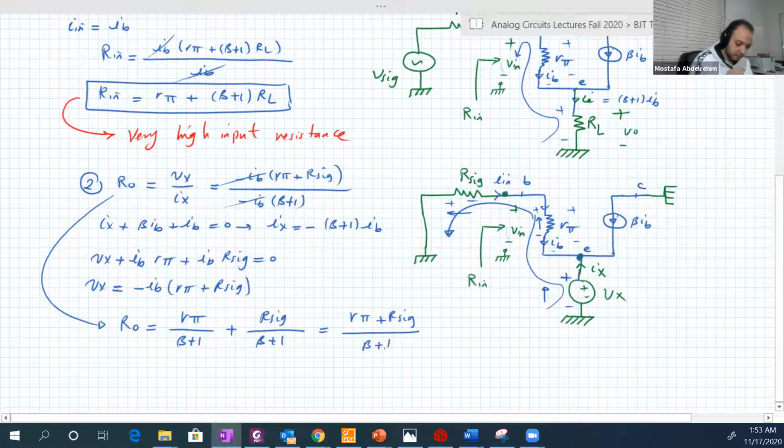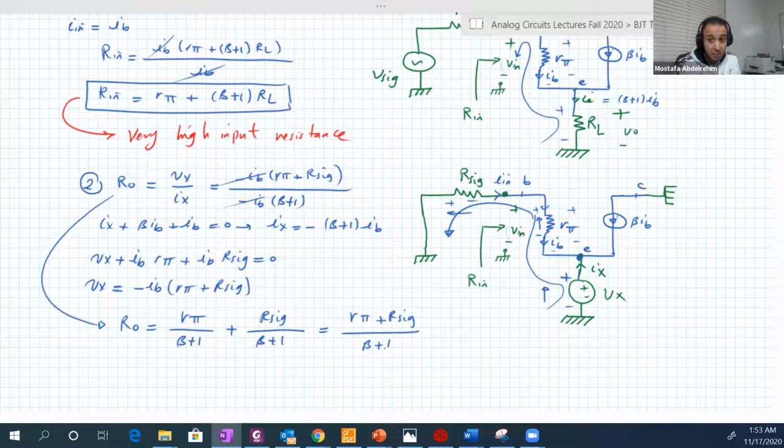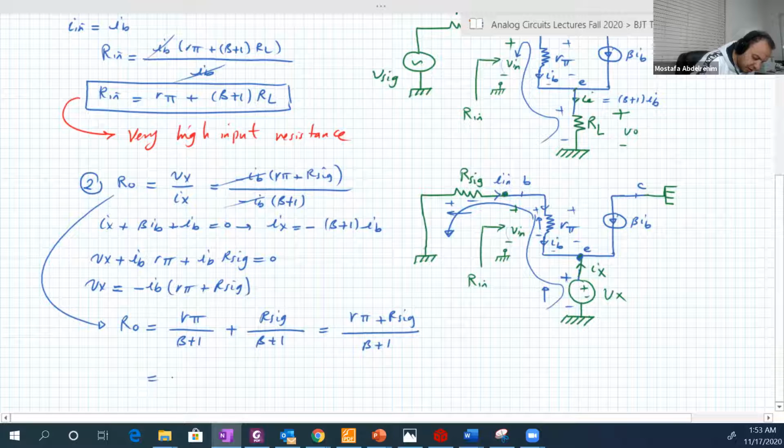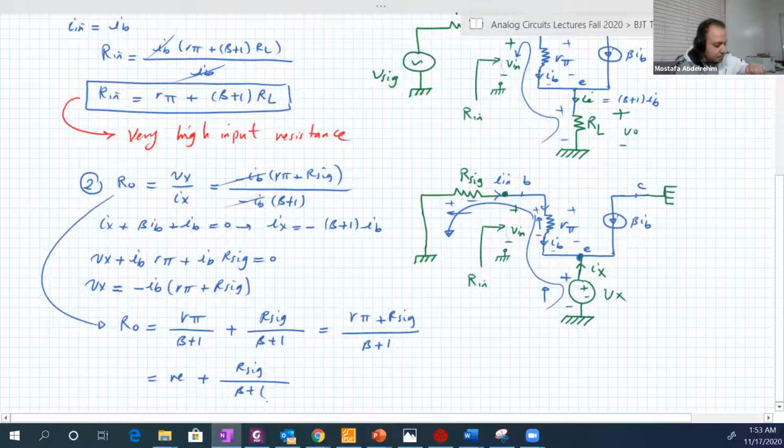Both are the same. Some people also like to substitute R pi over (beta plus 1) with RE. You remember, guys, RE, this resistance in the other AC model for the transistor, is equal to R pi over (beta plus 1). So some people also like to write it in that way. Because R pi, as we know, is a few hundred ohms to a few kilo ohms.